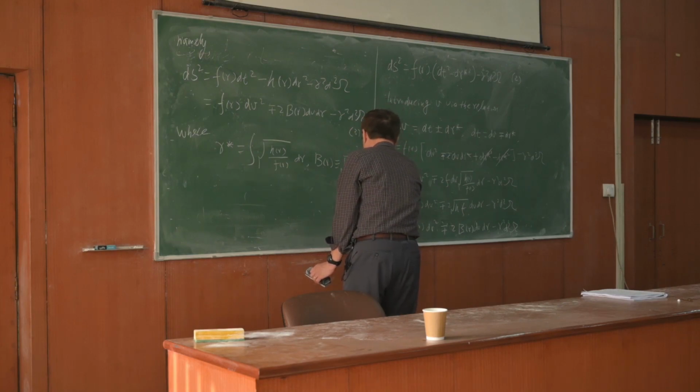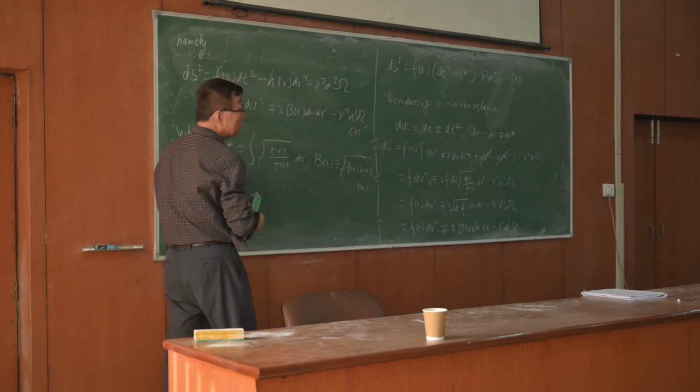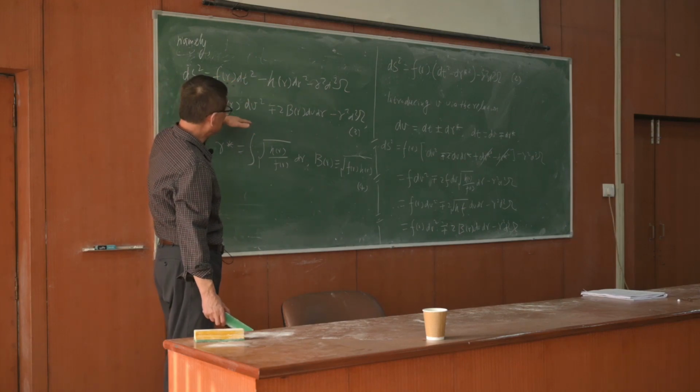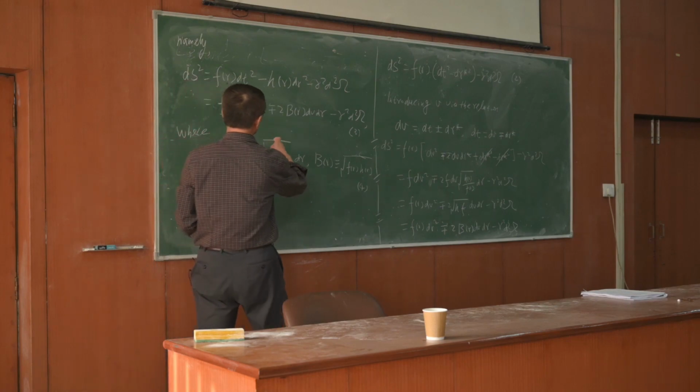This is 4. So this we call Schwarzschild-like coordinates. This is like the Eddington-Finkelstein coordinates.